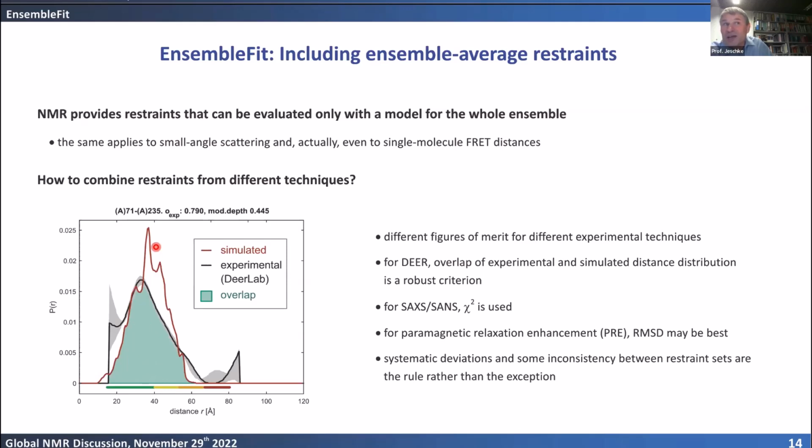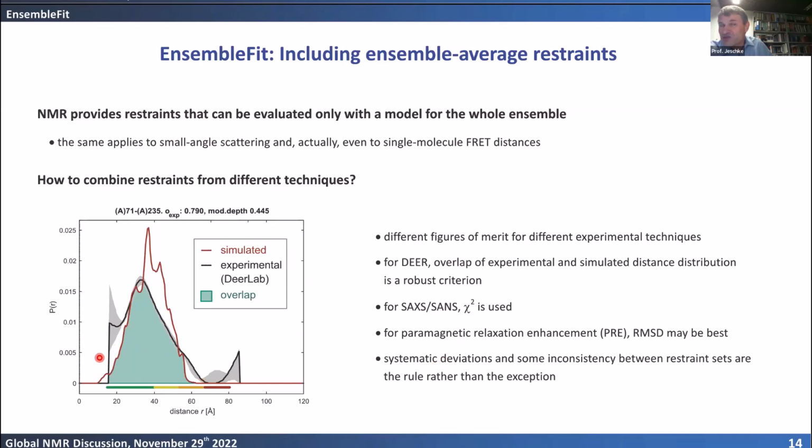Now here we have an overlap criterion. For the PREs, we have an RMSD criterion. For a SAXS curve, we have a chi-square, which is very similar to an RMSD, but not exactly an RMSD. And now we have to combine all this. On top of this, we have the problem that the experiments were done under slightly different conditions.